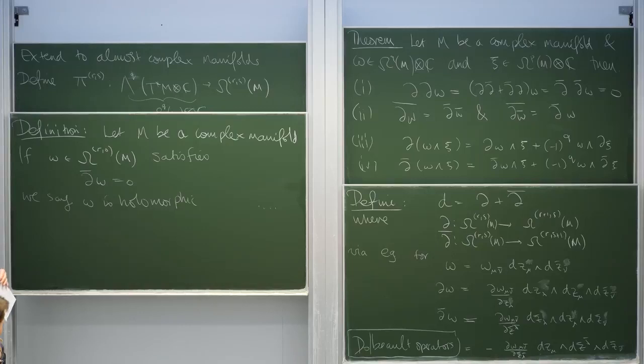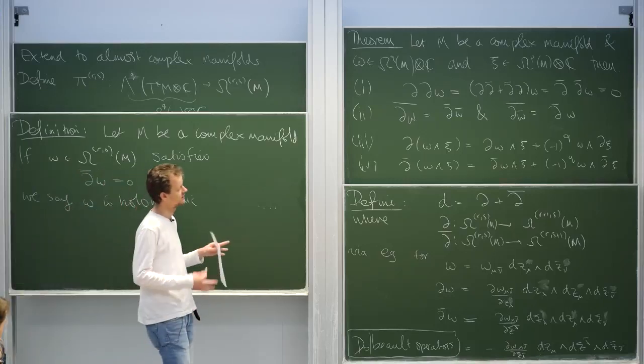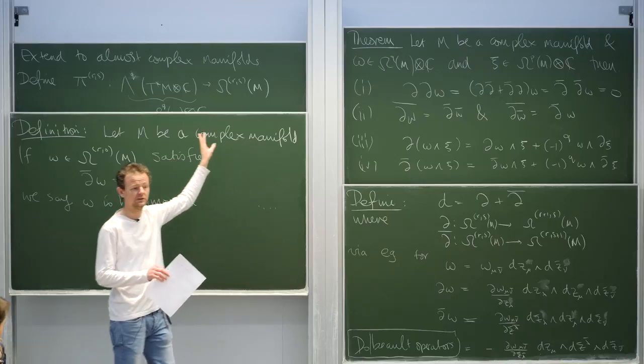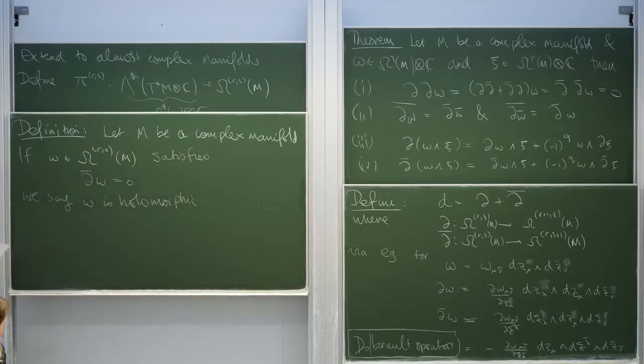It's a massive subject. There's hundreds of pages of books devoted to this topic. We're not going to look at that theory so much. We're going to look at a special class of complex manifolds and largely use only a couple of simple properties of these operators. That's a shame, but we only have a finite amount of time to do things.